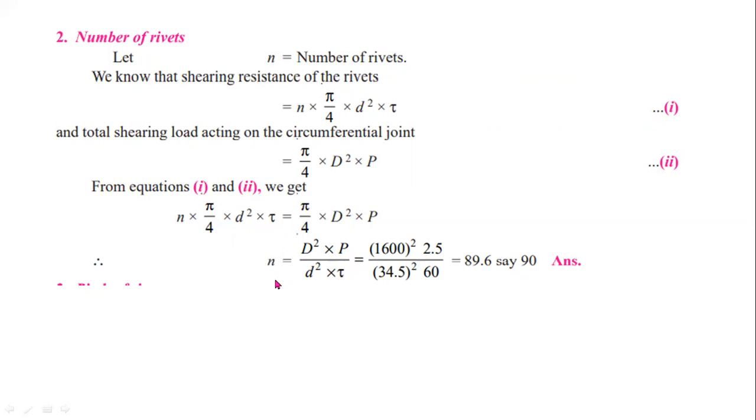So n equal to D square into p by d square into tau. This is the final formula. Here, capital D is the diameter of the boiler shell, and small d is the diameter of the rivet. So the number of rivets required for a circumferential joint is 90 rivets.